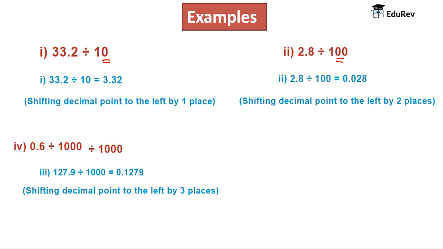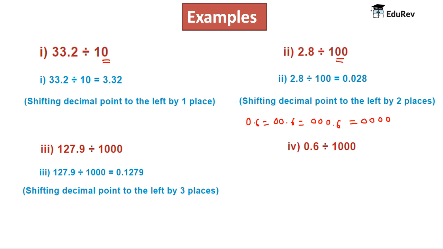Here's the last example. 0.6 divided by 1000. How much will we get? We know 0.6 is equal to 0.6.